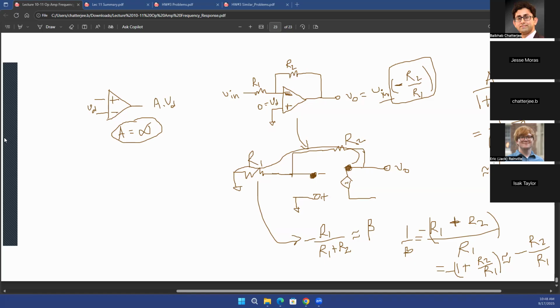So now the question that was raised at the end of the last lecture is, why is my output not 0? Because at the input side, if I assume that there is a virtual ground property, the differential voltage at my input is almost equal to 0.